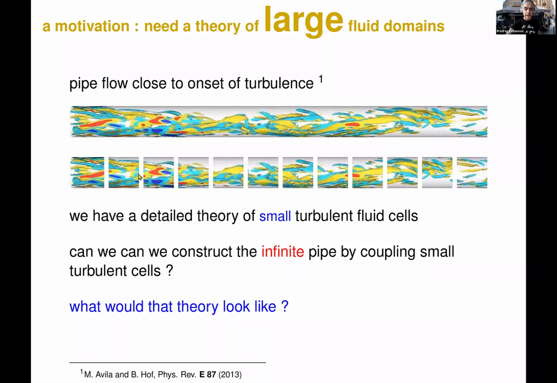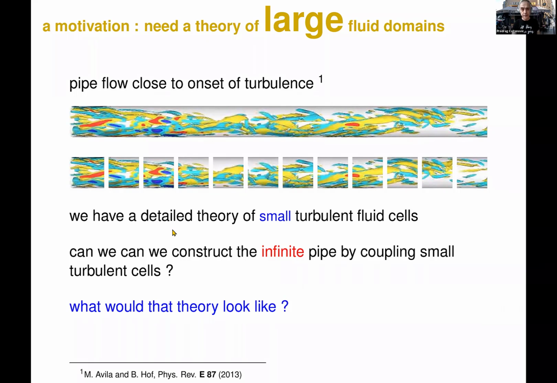What the theory does is cover short periodic sections of a pipe. One question one could ask is, can I use these blocks, which I understand in detail, to build up turbulence? What would that theory look like? So that's one of the possible motivations.